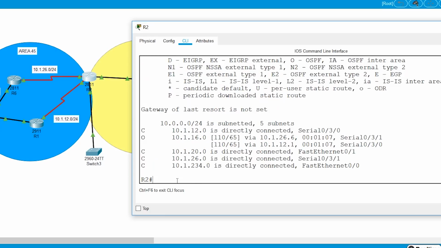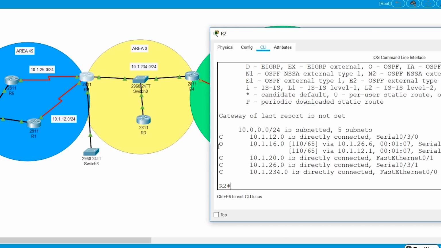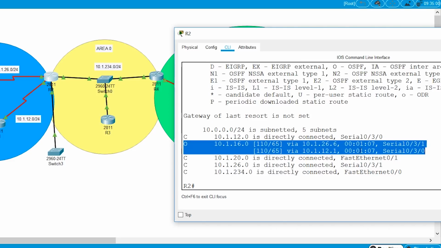Because OSPF is running on these two networks and this network, the only network that router 2 did not know is the 16 network, and that 16 network is learned via OSPF. Another thing with OSPF: it can do load balancing, only equal cost load balancing.